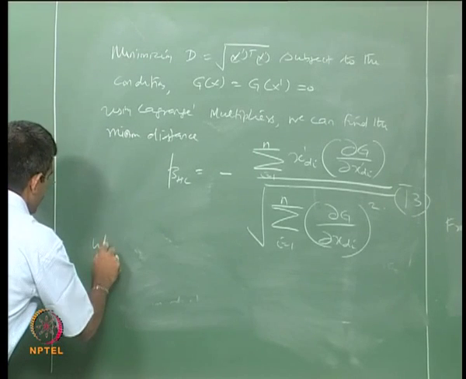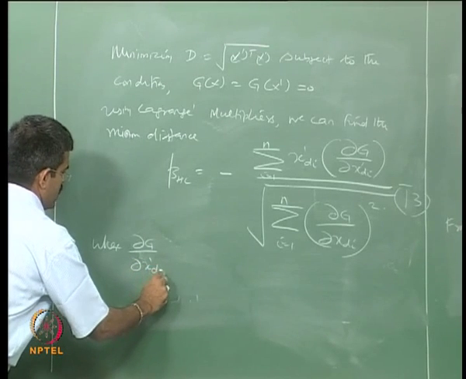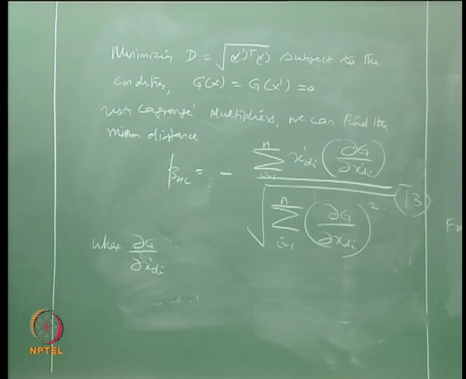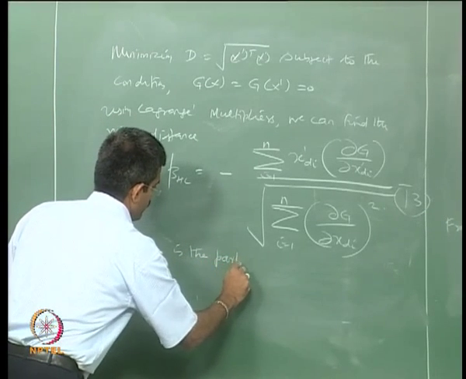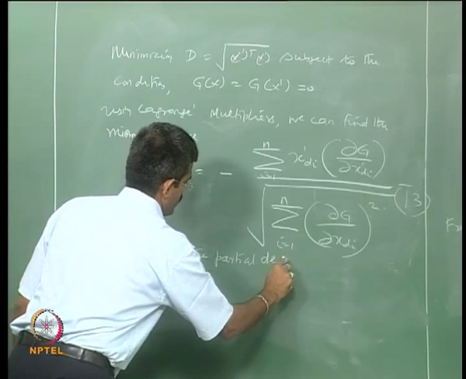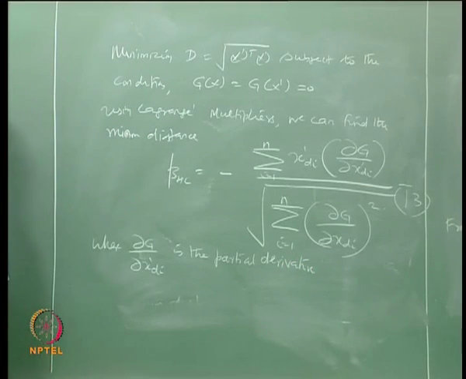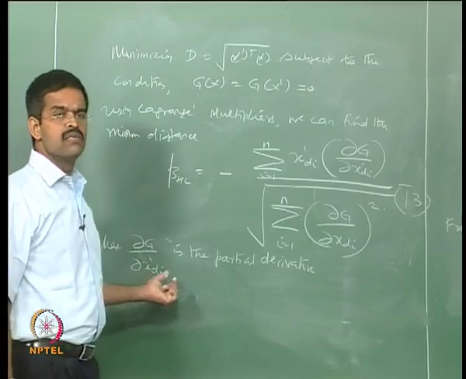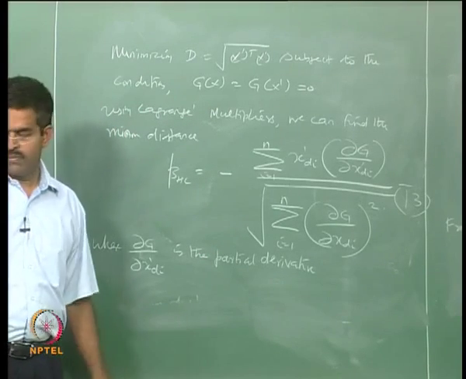Where dou g by dou x dash i is the partial derivative. Why is it a partial derivative? The values of x are no more independent, okay.